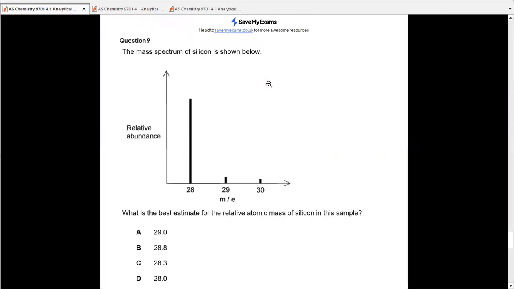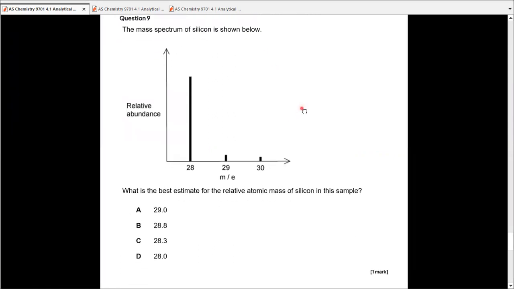Question number 9. I'm going to zoom out a little bit more so that you can see the whole question. There you go. I think B. Why B?